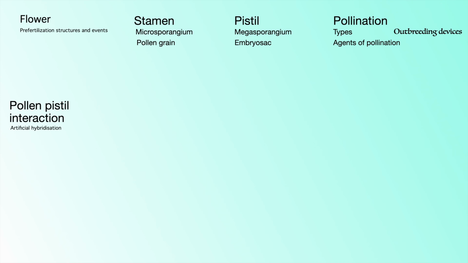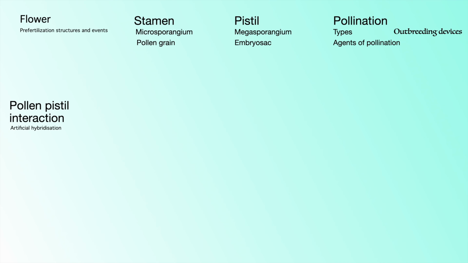Now, if we understand this pollen pistil interaction in a better way, like which chemical components are taking part, and if we know exactly what the chemical components are and are able to modify them, then we can control this pollen and pistil interaction.